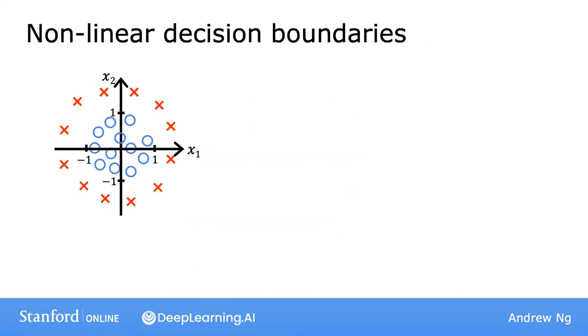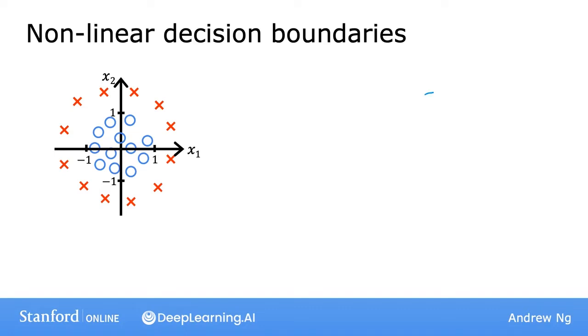Now, let's look at a more complex example where the decision boundary is no longer a straight line. As before, crosses denote the class y equals 1, and the little circles denote the class y equals 0. Earlier last week, you saw how to use polynomials in linear regression, and you can do the same in logistic regression.